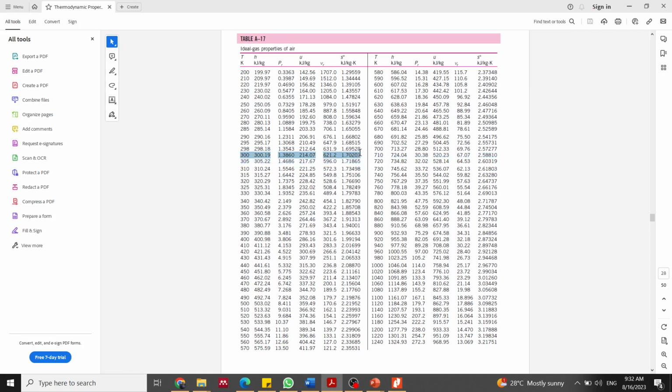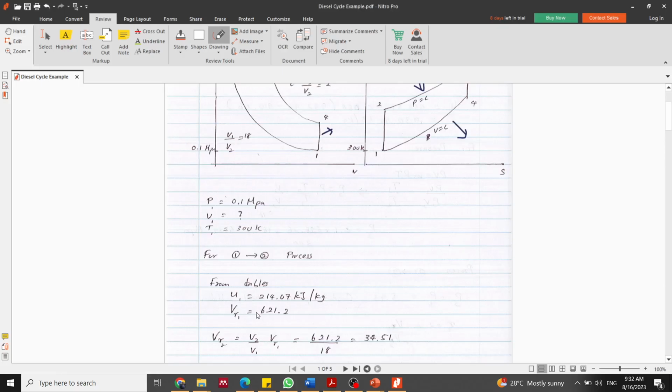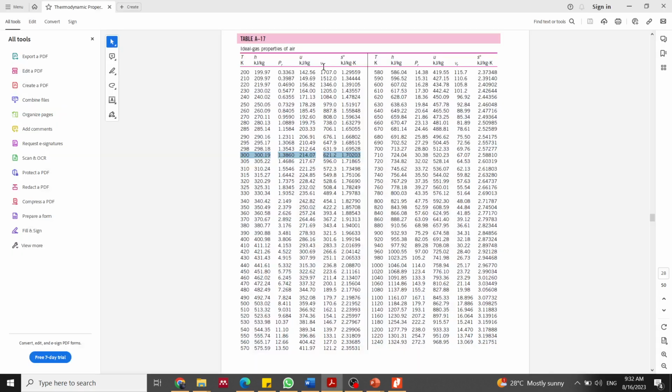The h value is 300.19, but here we are not interested in h, we are interested in the u value. So u1 is 214.07, and vr1 is 621.2.